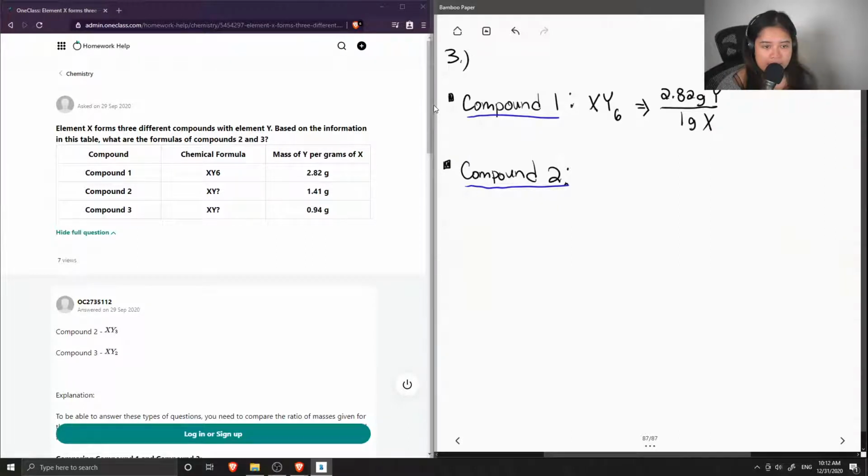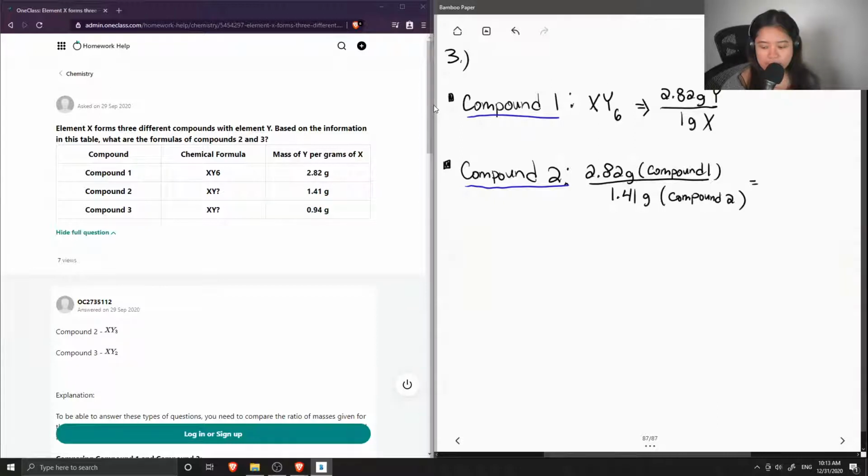So if we divide 2.82 grams from compound 1, and we divide it by 1.41 grams, and this is compound 2, then we can find the Y ratio of 1 and 2.